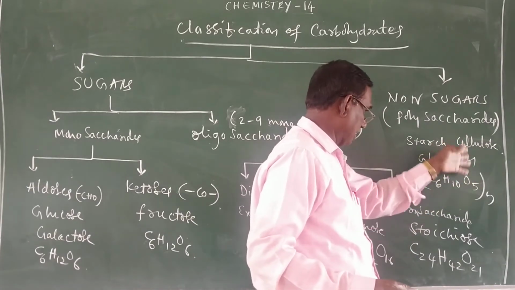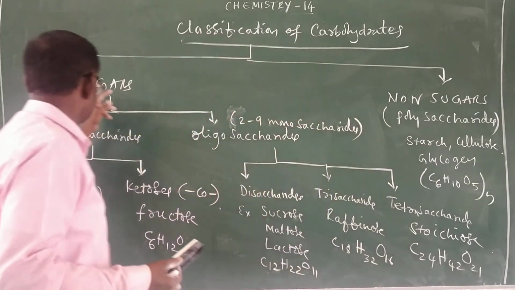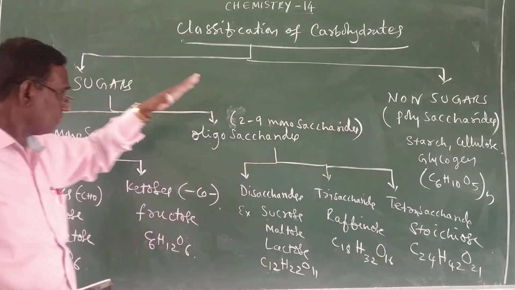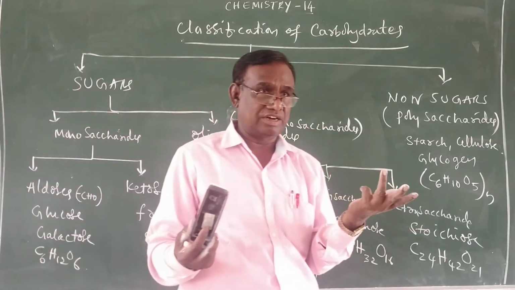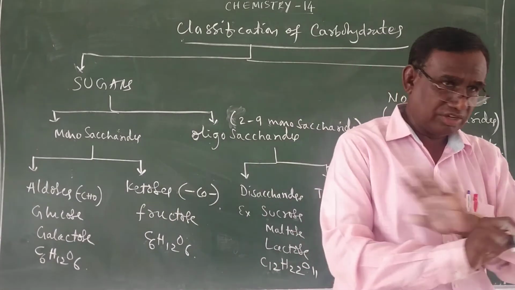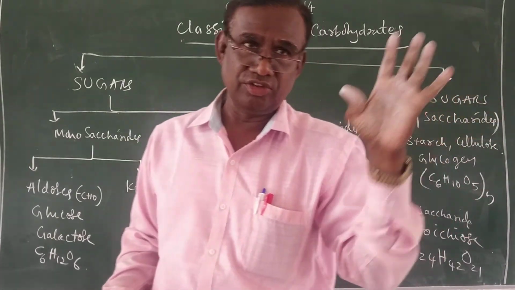All these have the same formula, (C6H10O5)n. Sugars are further classified into monosaccharides and oligosaccharides. Monosaccharides are single unit carbohydrates, which on hydrolysis do not give any simpler carbohydrates.